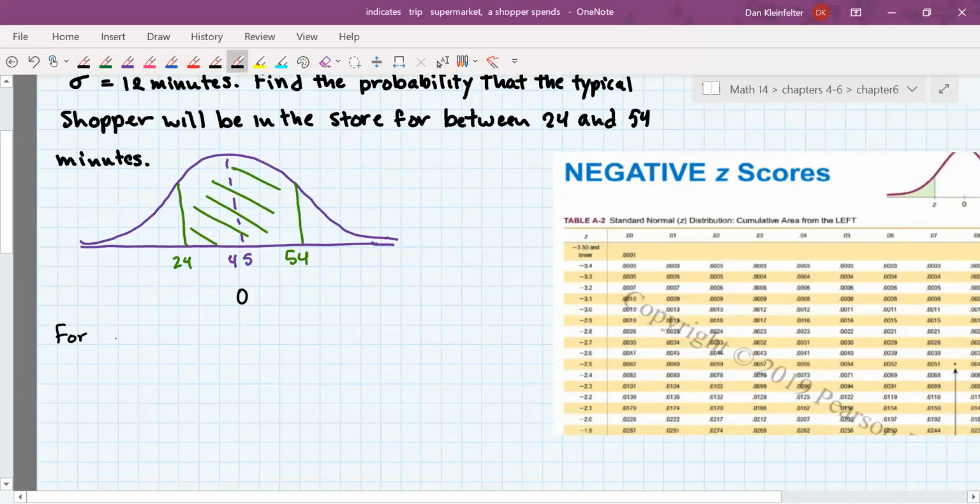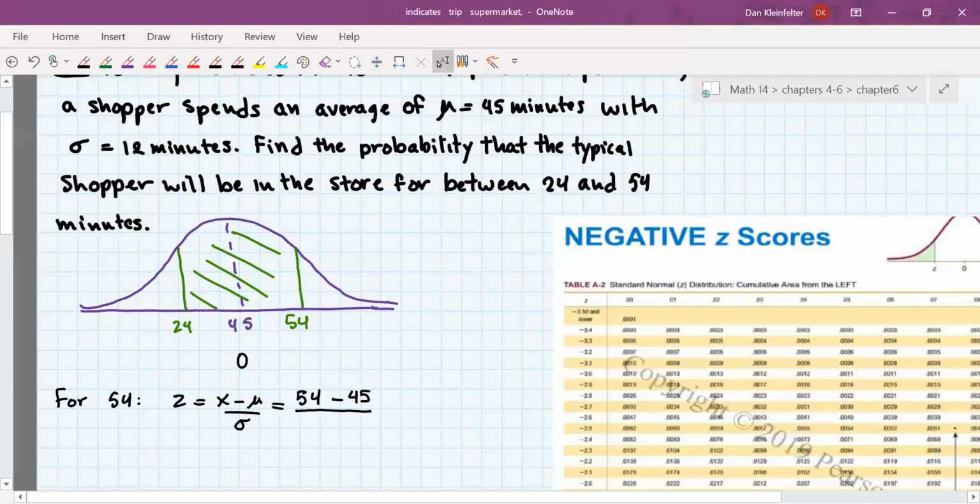So for 54 minutes, z is x minus mu over sigma. Our x here is 54, our mu is 45, and then our sigma was 12 minutes. So let's go ahead and calculate that. That works out to be about 0.75.